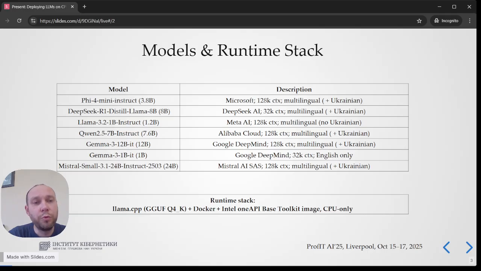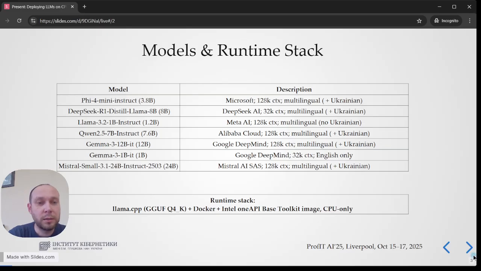Also, I need to note that all models' weights were converted to GGUF and quantized to 4-bit for memory efficiency using the script that ships with llama.cpp. The script name is convert_hf_to_gguf.py.